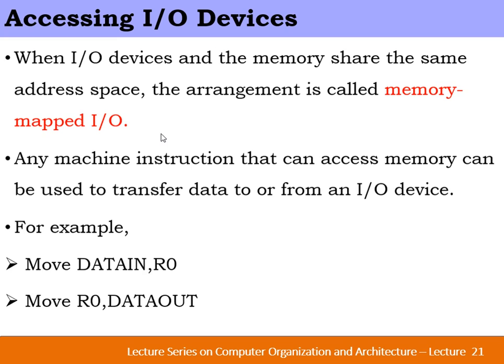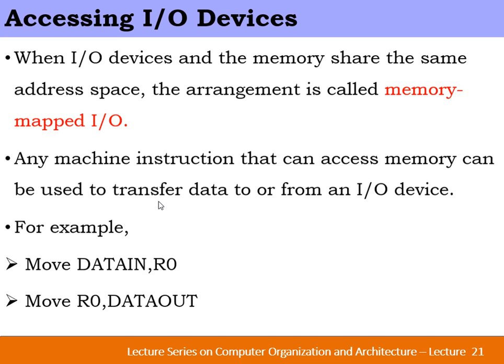So in memory mapped IO, there is a sharing of the addresses of the memory location with the IO devices. Such a concept is called memory mapped IO. That is, when IO devices and the memory both share the same address space, such an arrangement is called memory mapped IO. Here, whichever instructions are required to access data from the memory, the same set of instructions can also be used to access data from the IO device.